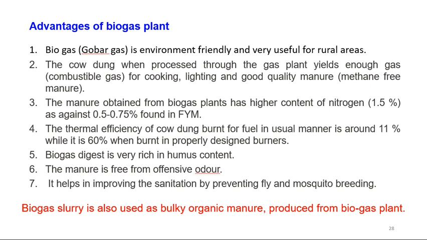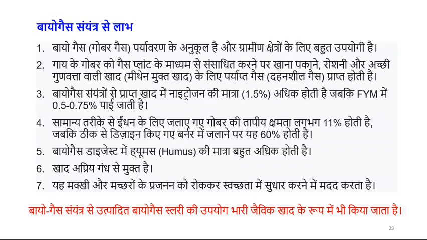It helps also in improving the sanitation by preventing fly and mosquito breeding. So most importantly, biogas slurry is also used as bulky organic manure produced from biogas plant.